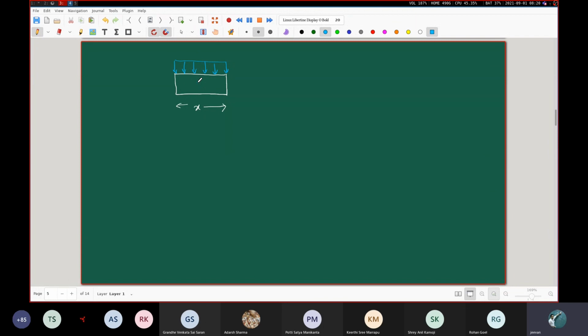So for that, within this length x, I will consider a smaller strip of length, let's say dx dash. So dx dash is a new variable that I am introducing. I think it will be better if I zoom into this a little bit.